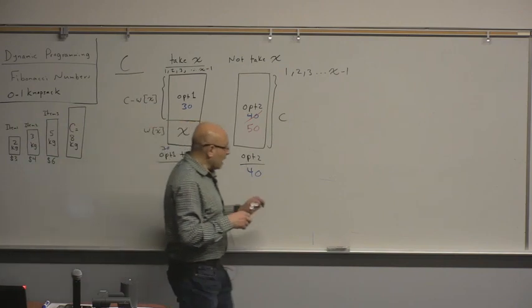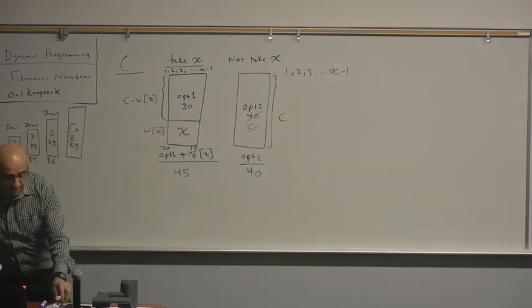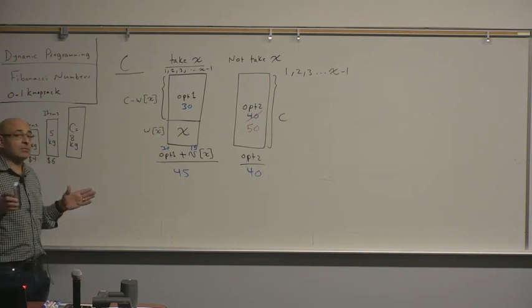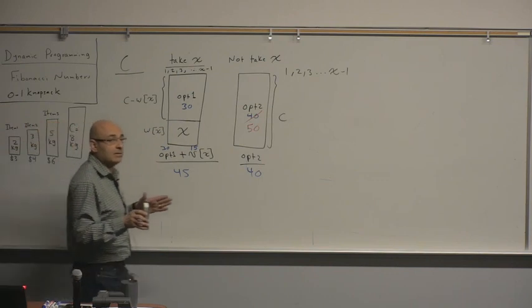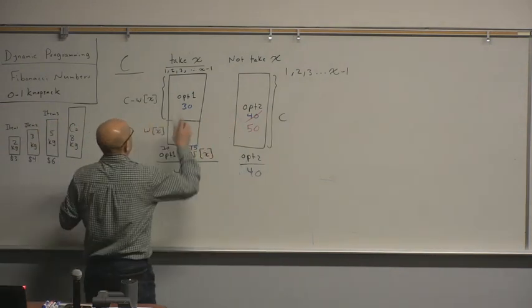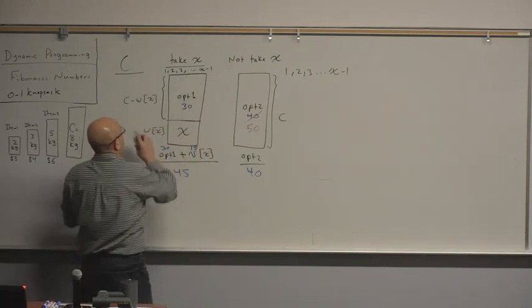Okay, so now with this description, let's draw the entire table, because dynamic programming is based on a table that has the solutions to all the subproblems. And we will see how this can be put together to construct a solution to the 0-1 knapsack problem.